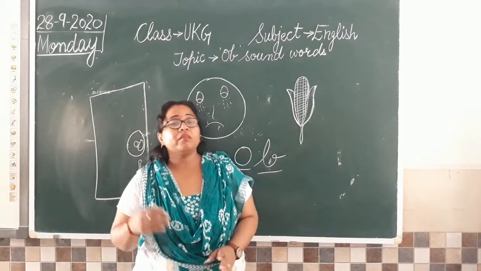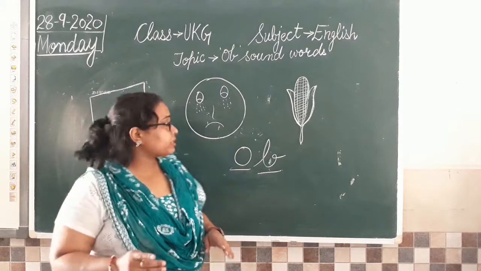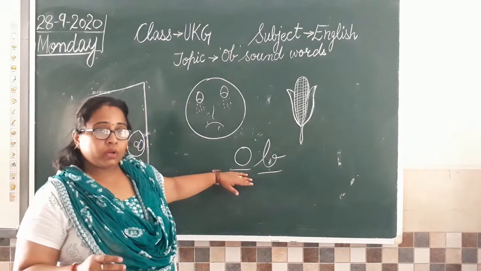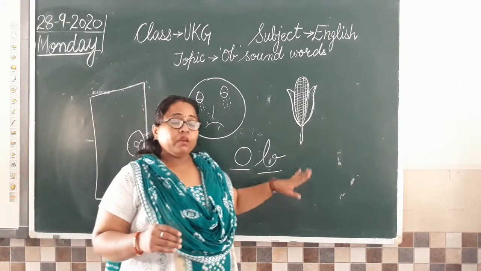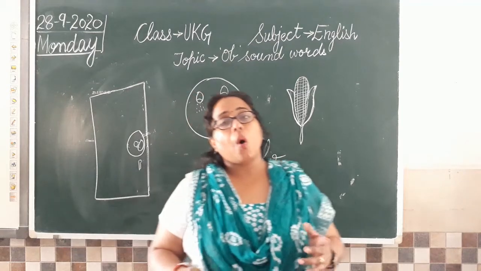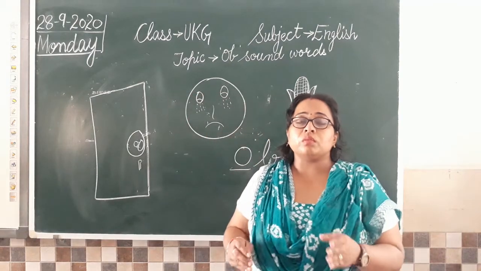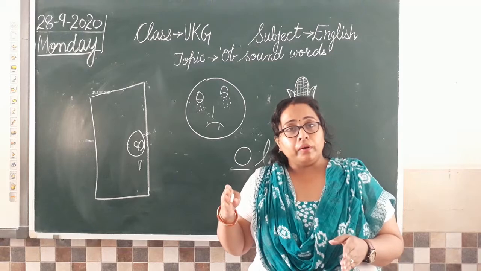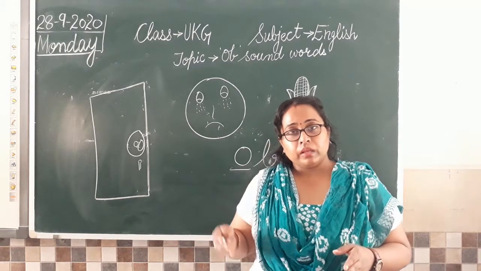Clear? When we are mixing, when we are blending the sound of alphabet O with alphabet B, the sound that comes is O. Now you have to say with me, O, B, O. Clear?